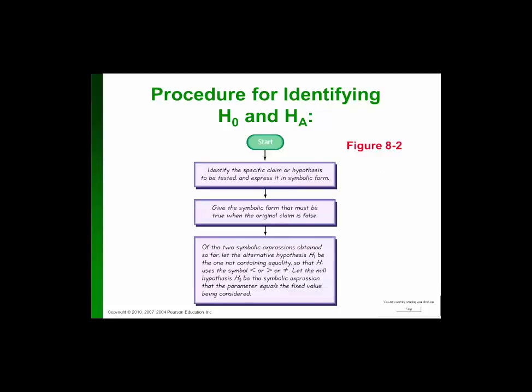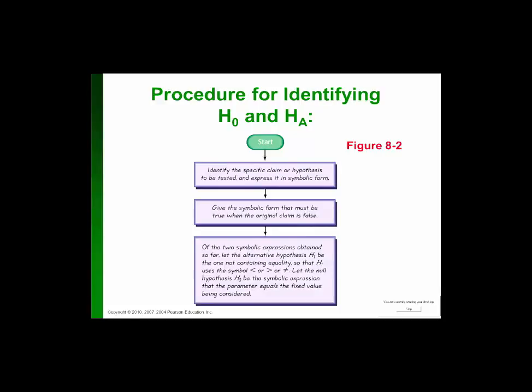You may write, the claim is that P equals 0.5, or the claim may be P is greater than 0.5. But writing it in symbolic form means use P for proportion or mu for mean, and then state whether someone is claiming the mean is greater than, or the mean is less than, or equal to. What is the claim? You have to know that first.